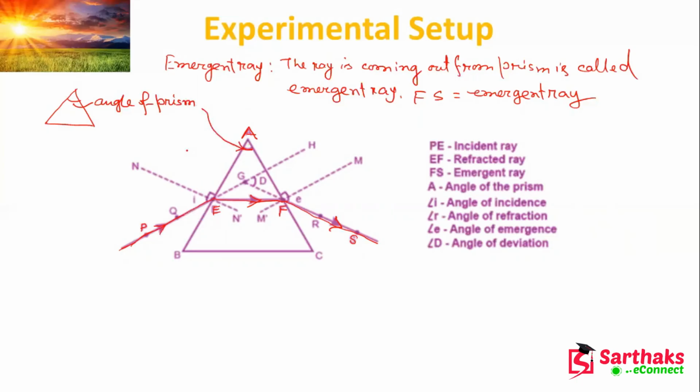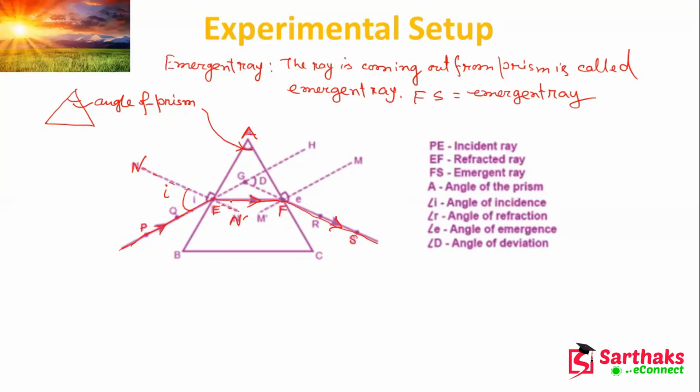And if we draw the normal here, N and N dash, this angle is the angle I, called the angle of incidence. The angle of refraction is R, the angle between the refracted ray and the normal.